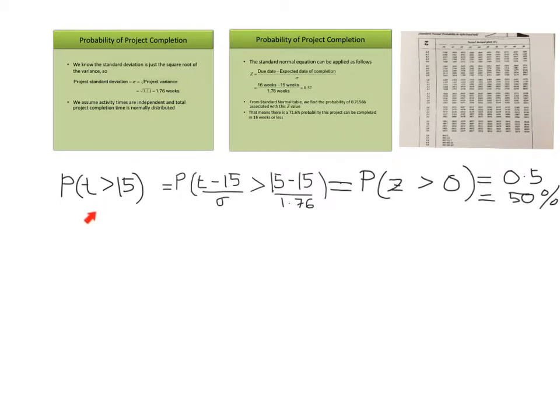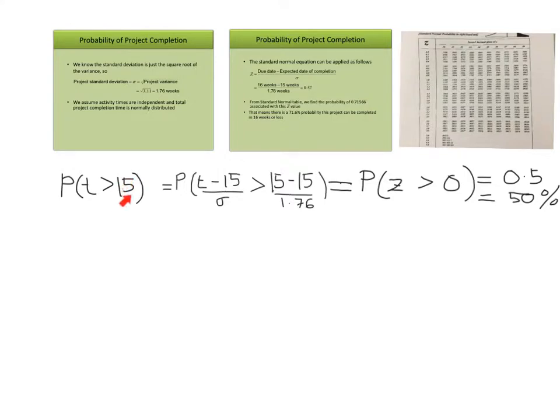So first of all, we have to convert T into Z by taking T minus 15. 15 is the mean time taken, divided by sigma. So this whole thing now becomes the Z standard normal variable.